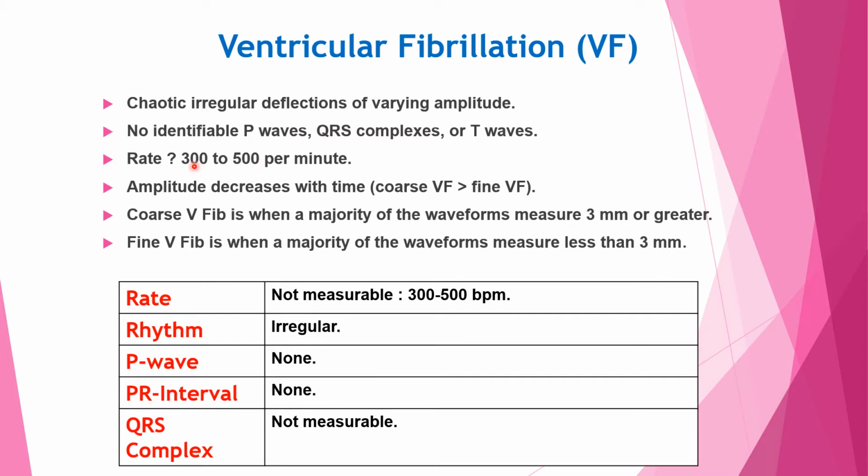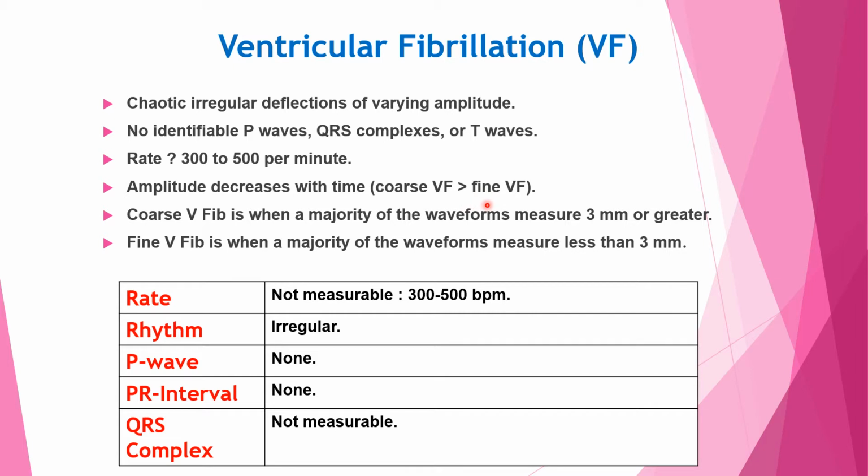The rate is between 300, 400, up to 500, though it is actually not clear because there is no QRS complex. Amplitude usually decreases with time, from coarse VF to fine VF.